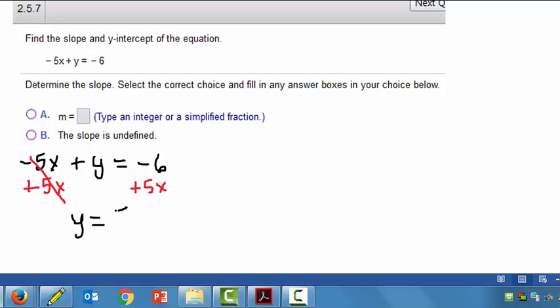So y is 5x minus 6. So when y is isolated on one side of the equation, everything on the other side is simplified. The coefficient of x, which in this case is 5, is my slope.